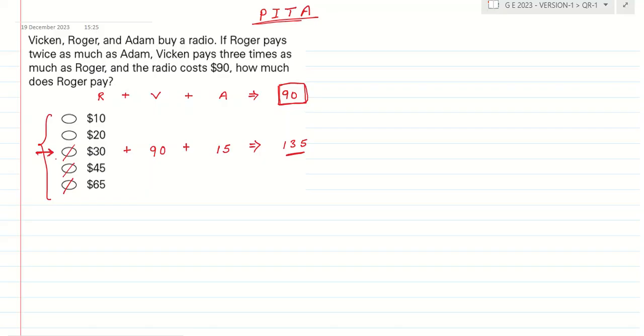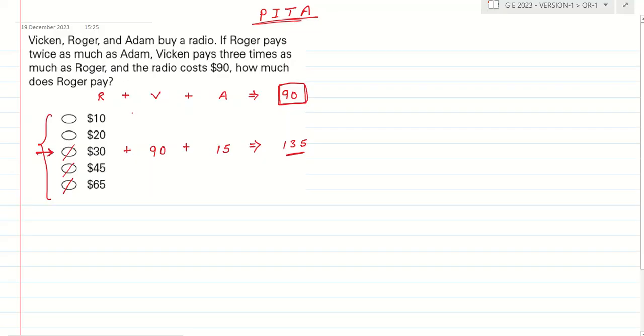It could be increasing or decreasing order, but most of the time I have seen increasing order. So the PITA approach works well this way. Always assume the middle number is the answer and go through the question and see the target. My target is 90 here, but I'm getting 135, so a huge number. So I must decrease the value.